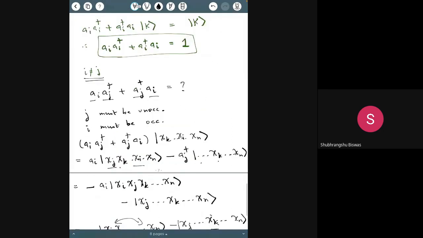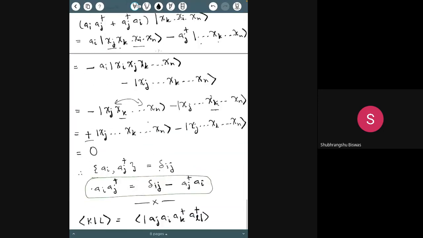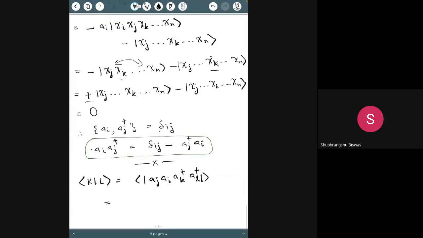Anyway, so we found the relation between the creation, the annihilation, and the creation annihilation. So now when we want to evaluate the overlap, we want to evaluate the value of this string that we saw before. The strategy always is to get as many terms zero as possible.